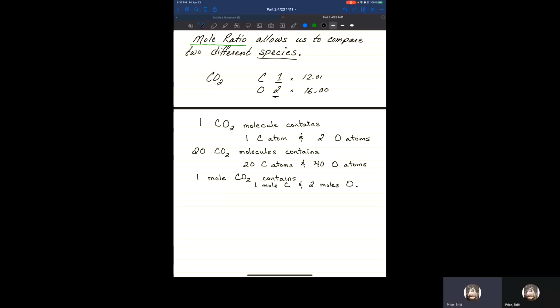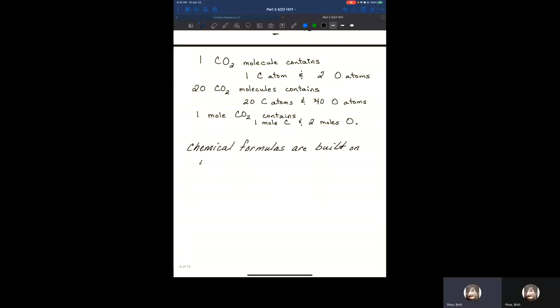Chemical formulas are built on whole number mole ratios.